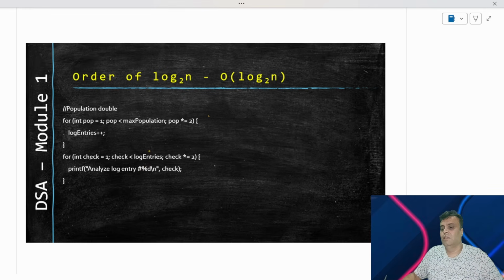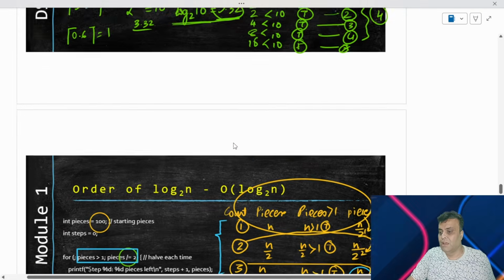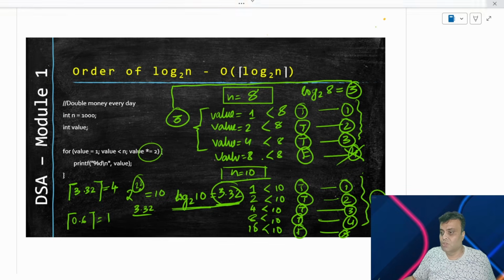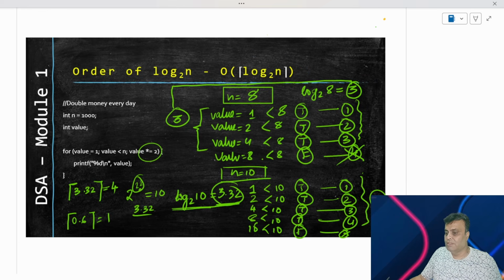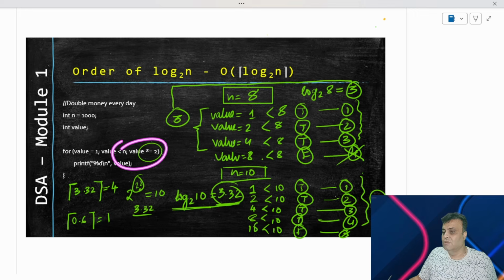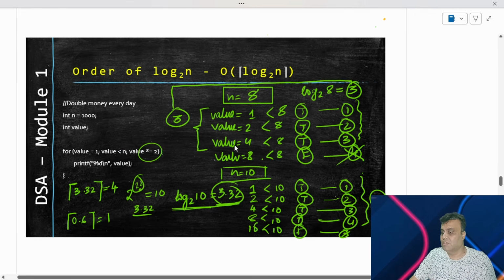So what we are trying to establish now is that we know that with a star equal to 2 kind of concept, where it increases by a multiple of 2, you saw this here. With a star equal to 2, you are getting a complexity of log base 2. So you are getting a complexity of order of log base 2 of n when you had the value increasing by star equal to 2.